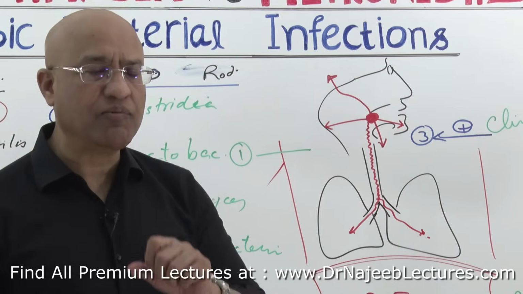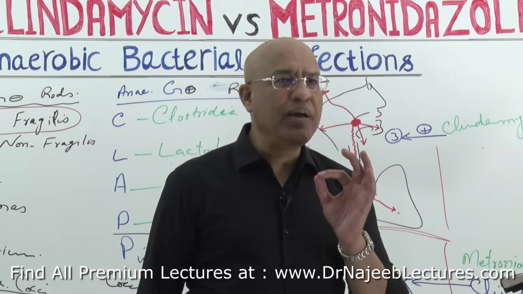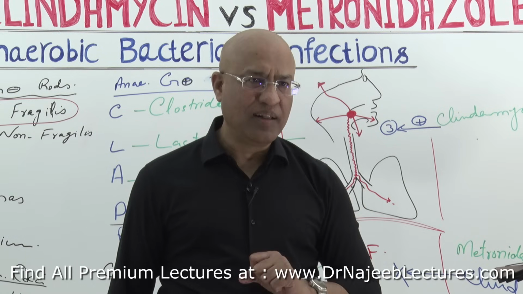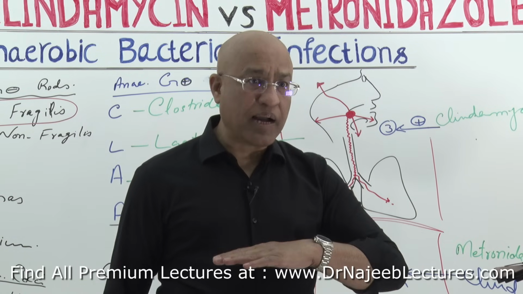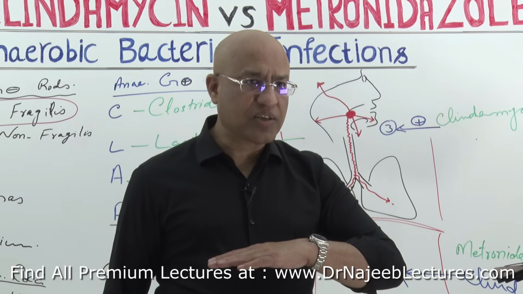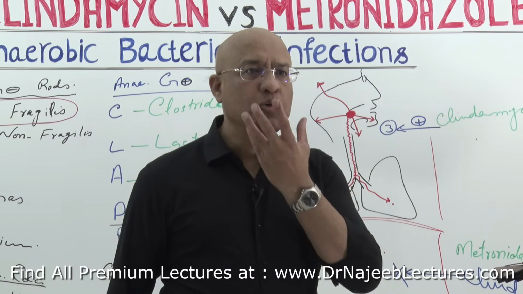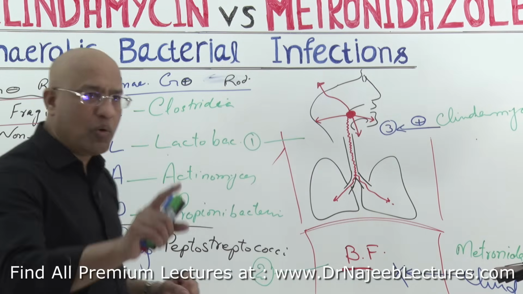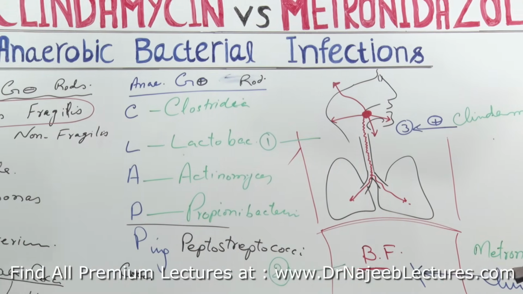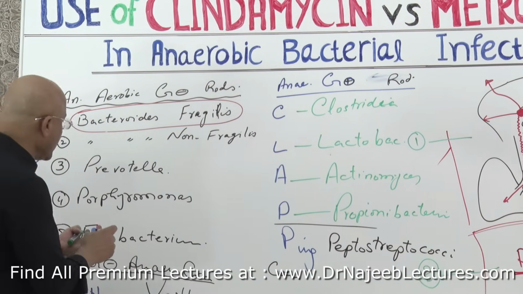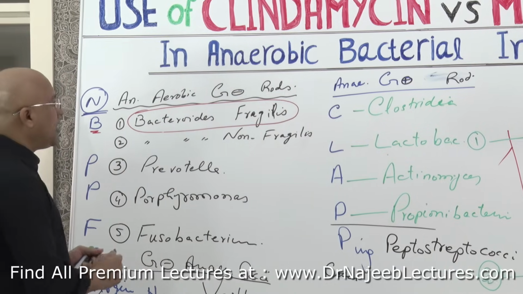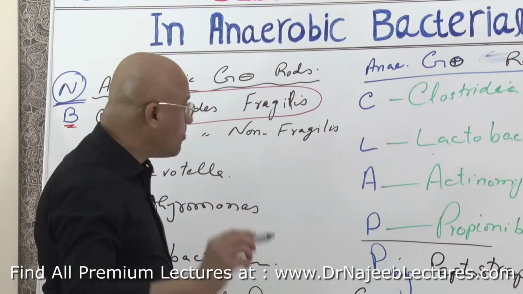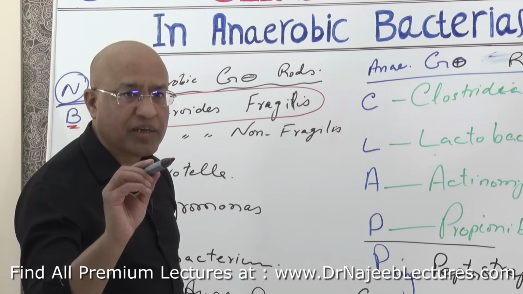So if next time someone asks you what is the major source of anaerobic microbes in infections above the diaphragm, you say oropharyngeal microbiota. Now, when we talk about oropharyngeal microbiota, one thing is very important. They have almost all of these organisms, but there is one very notable exception.